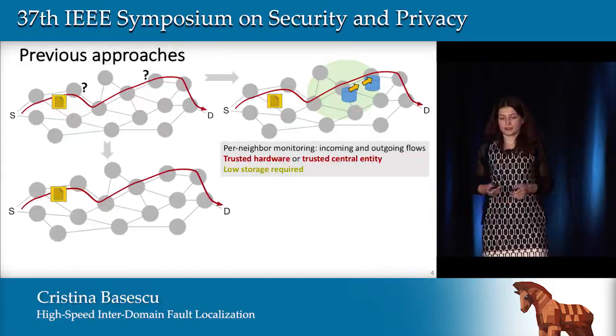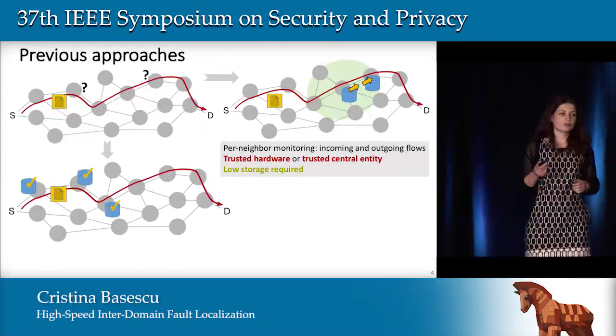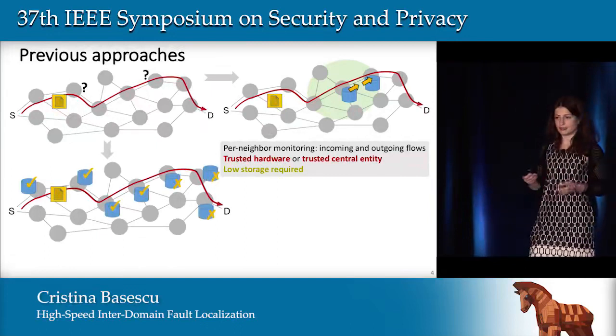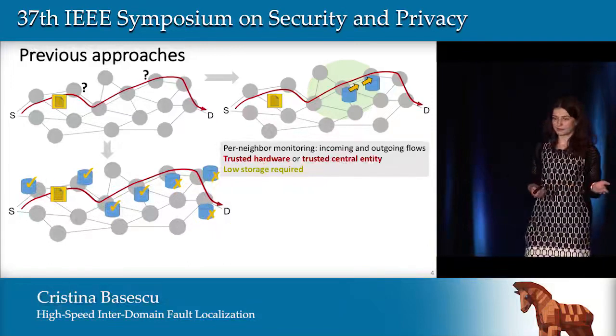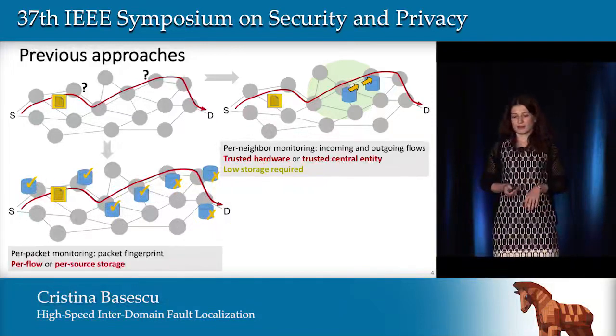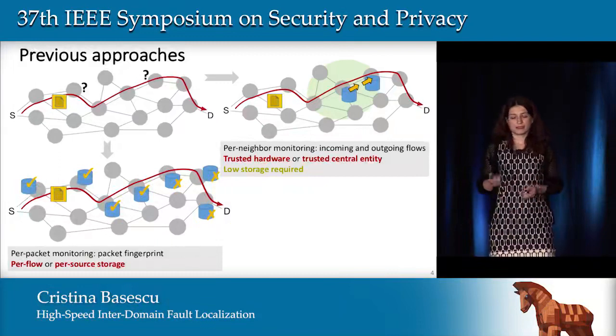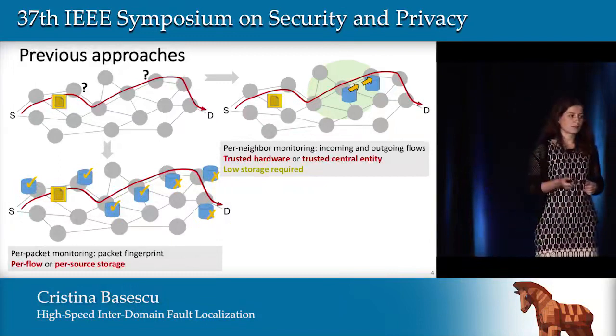In other approaches, all nodes on the path need to store summaries of the packets that they observe. And then they send these summaries back to the source. But as we will see, they require either per flow or per source state.